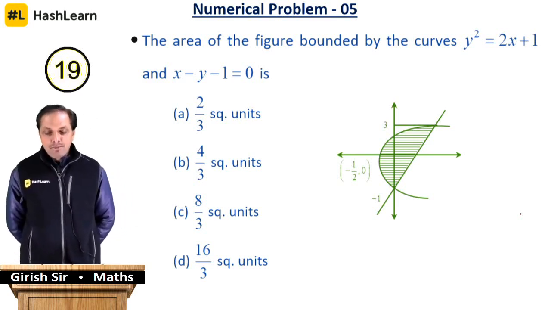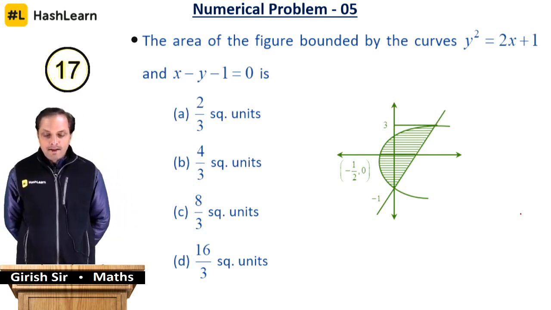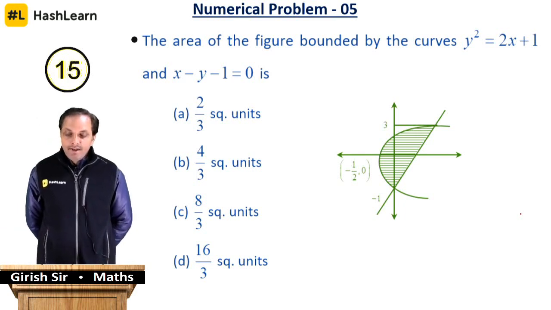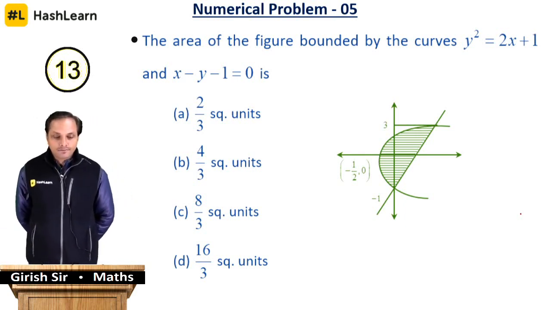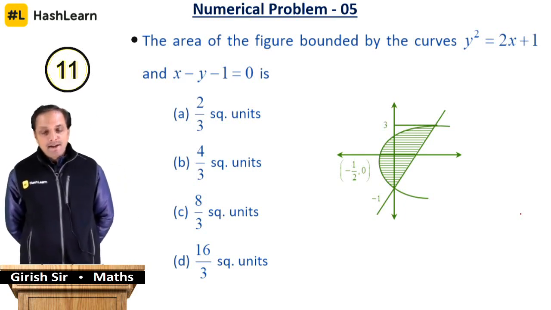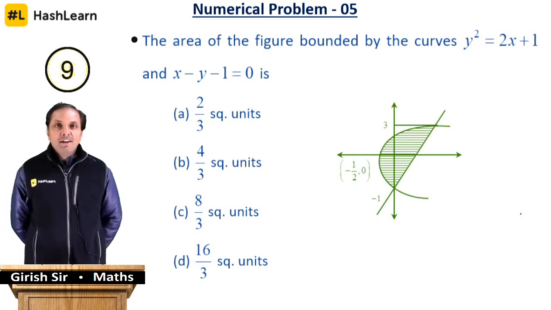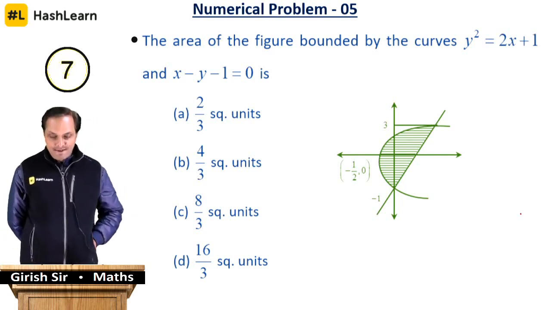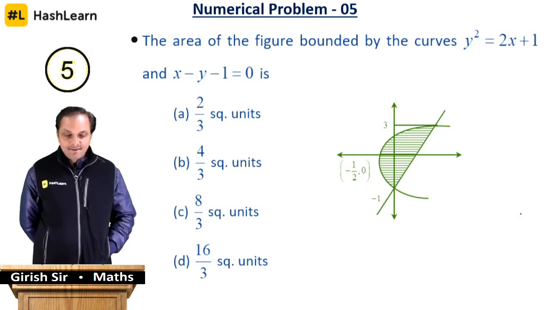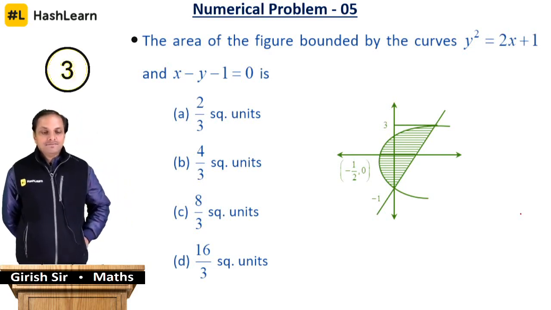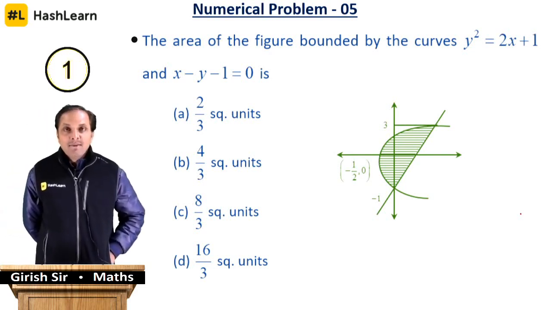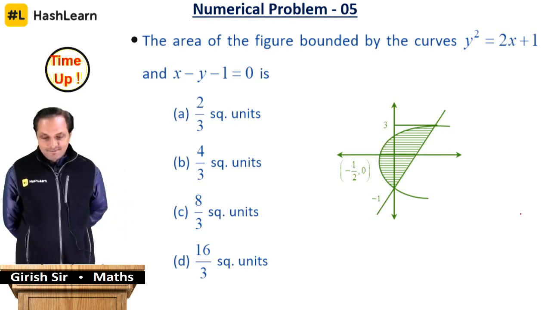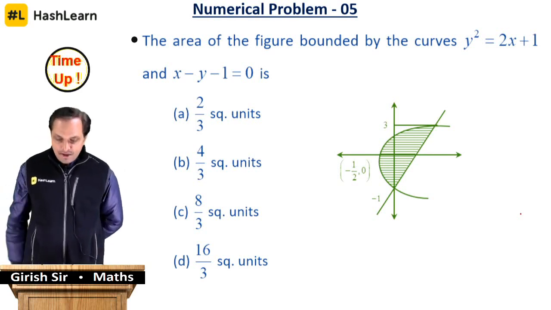You have a parabola and also you have a line. Integrate those, supply the limits lower and upper. Time up. How to do this problem?